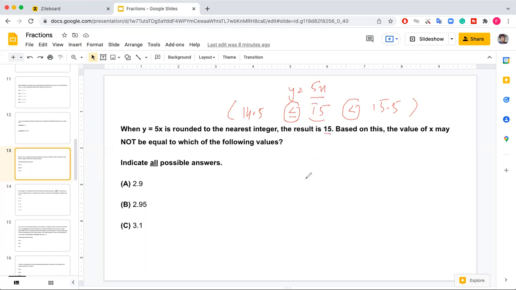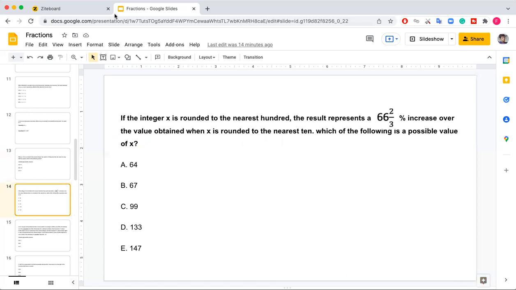Now just divide by 5 on both sides. x is greater than or equal to 2.9 and less than 3.1. So now tell what are the possible answers for x.